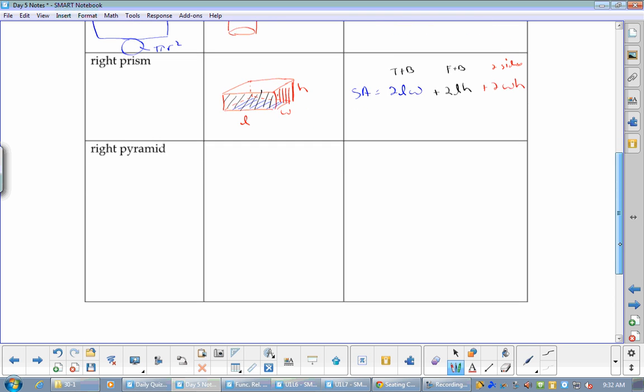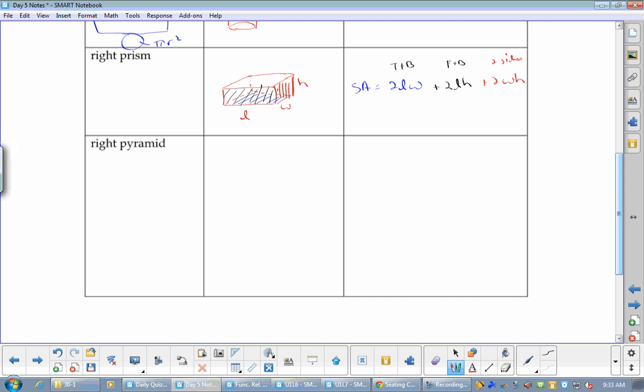Okay. Now let's talk about the right pyramid. Just to keep this simple, let's do a rectangular one. Let's really exaggerate that it's a rectangle. So to find the surface area, we need to know the length and the width.